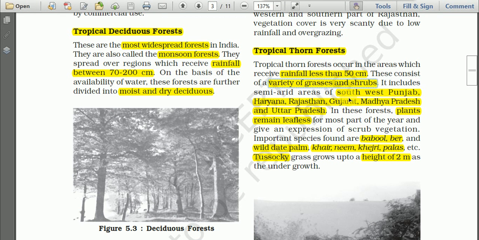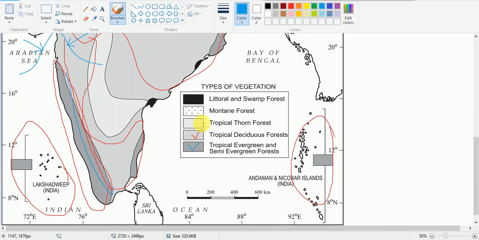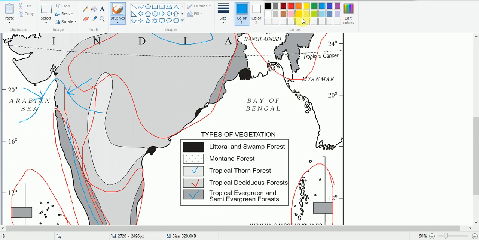It includes semi-arid areas of southwest Punjab, Haryana, Rajasthan, Gujarat, Madhya Pradesh and Uttar Pradesh. Let us have a look at the map and see here this light gray one, tropical thorn forest areas.